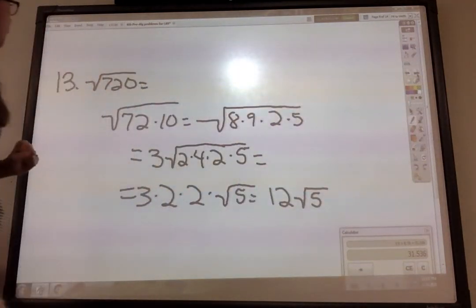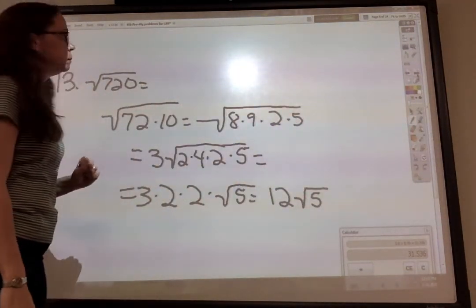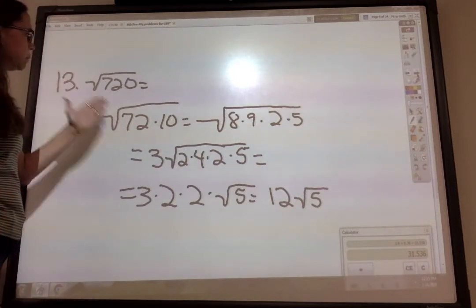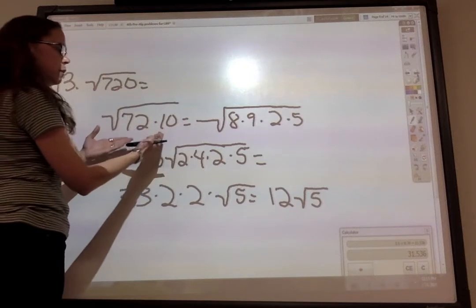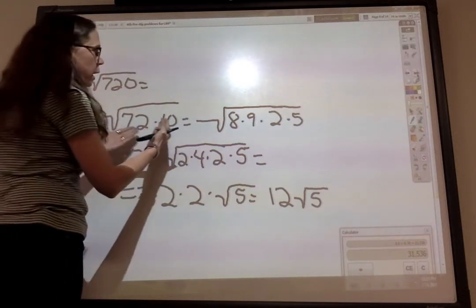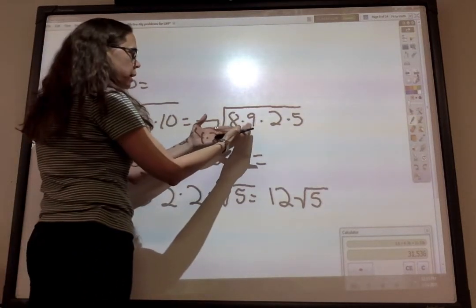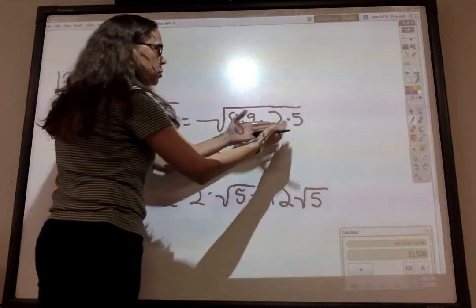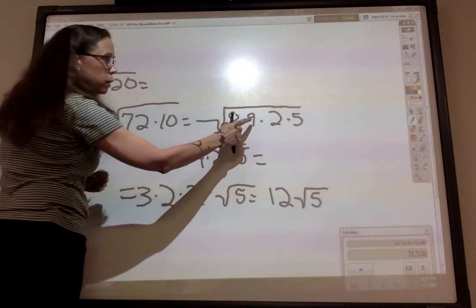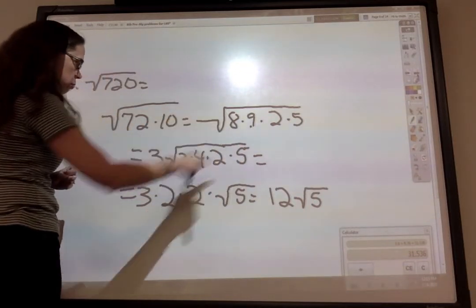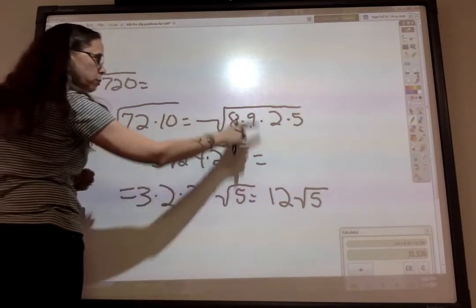Number 13 is radical 720. Well, I kept breaking my 720 down. I first broke it down into 72 times 10. And then I broke my 72 into 8 times 9, and my 10 into 2 times 5. And then I said, well, I know 9 is a perfect square, so I can bring the root out, which is a 3. So I'm going to bring my 3 out.